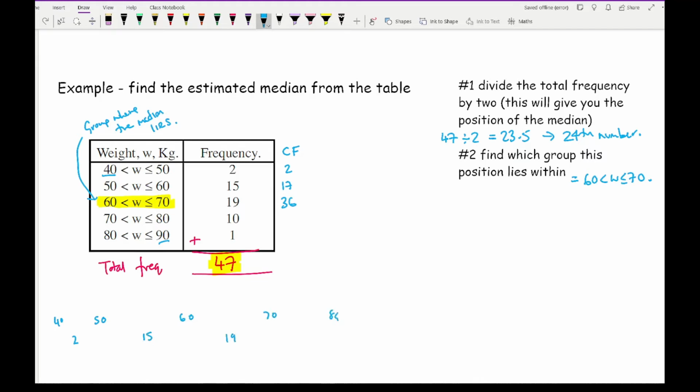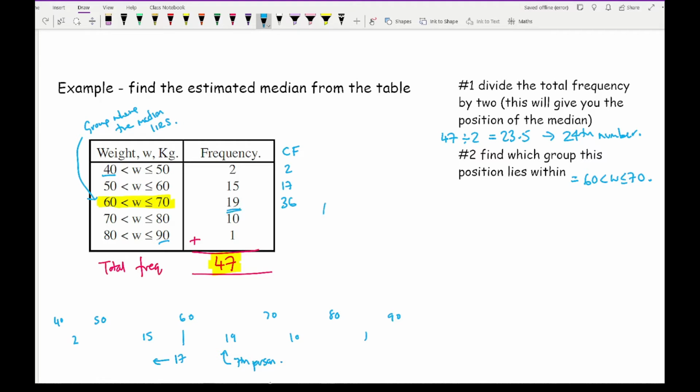And then 80, 90, I've got 10 and 1 respectively. Now, from this point here, there are 17 people in that direction. And I need to find the 24th number. So I need to find the 7th person in this group. That's what I want. I want to find the 7th person in that group.